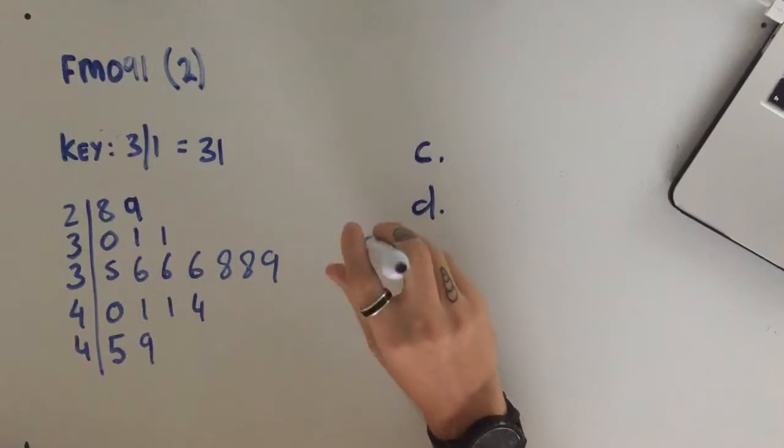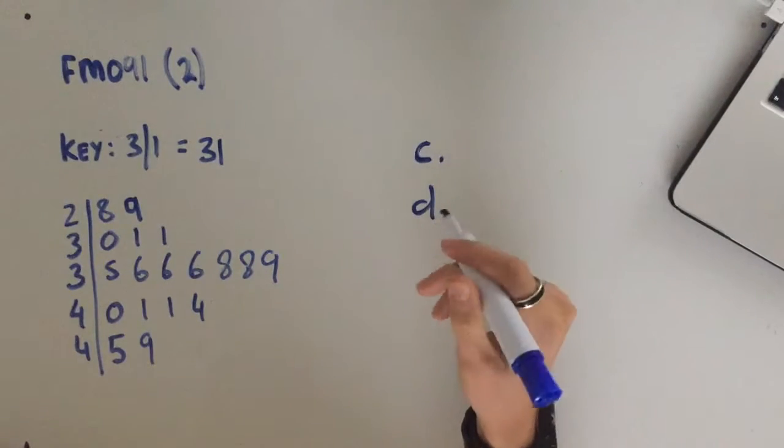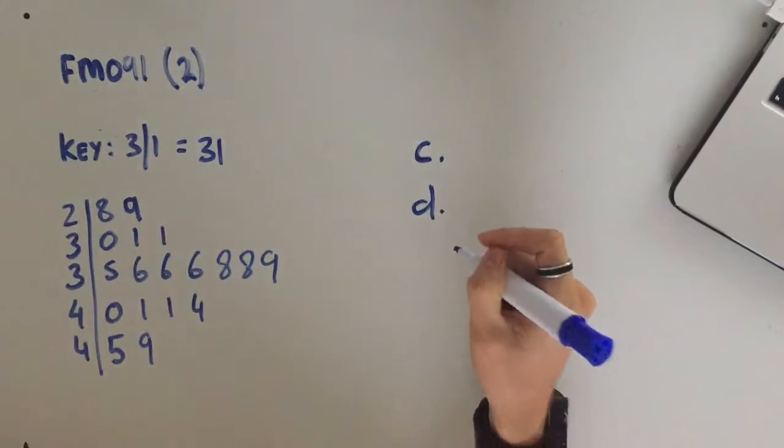Part D says both the median and the mean are appropriate measures of center for this distribution. Please explain why.